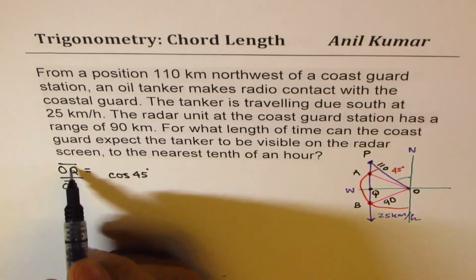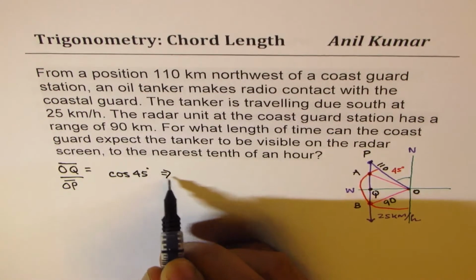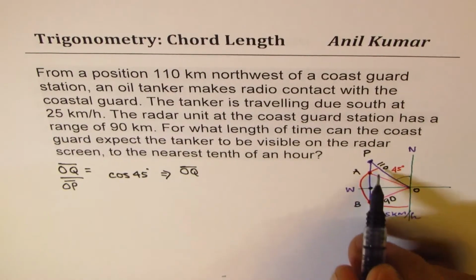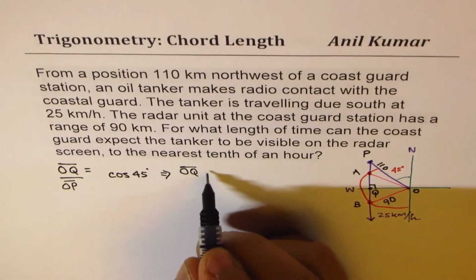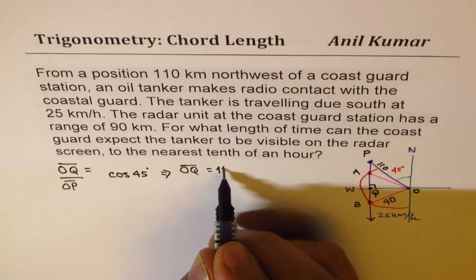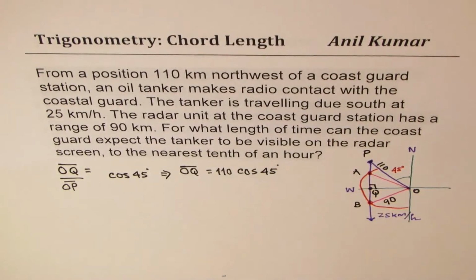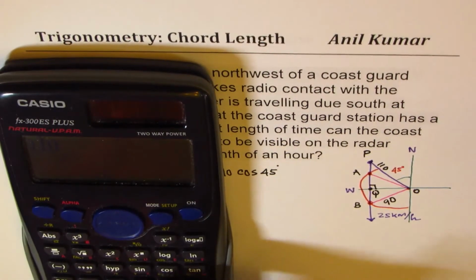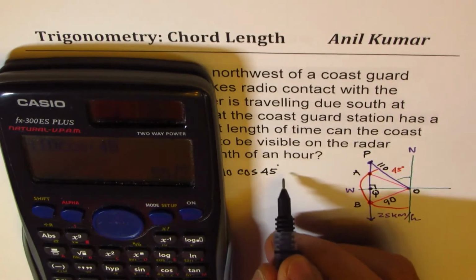So OQ, the base of this right triangle, is equal to OP, which is 110, times cos of 45 degrees. So 110 cos of 45 degrees is equal to 55 square root 2.